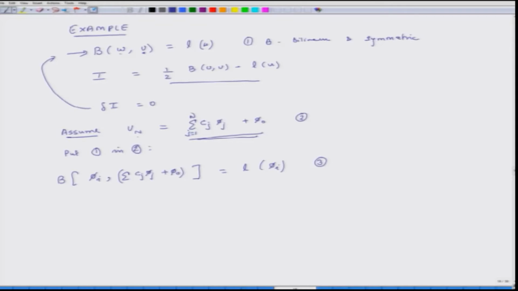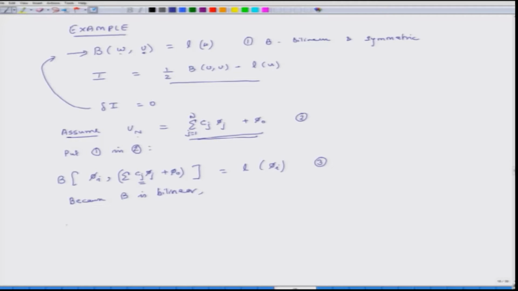And we will actually do one example. Right now this is very general, but we will do an example, so you will see how this works out. Because B is bilinear, I can pull out Cj out of this bracket, and we will see what that means.